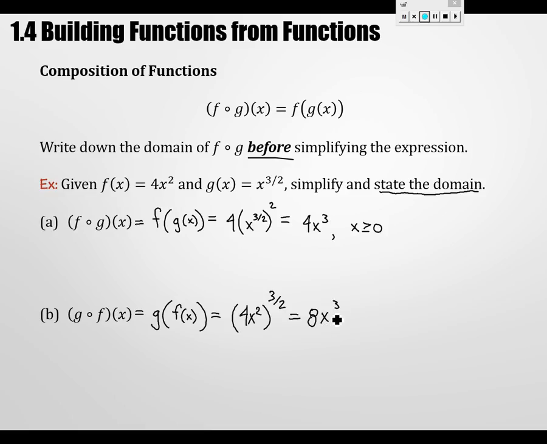Feels right maybe. What's the domain there? Let's have the same discussion. Think about this expression right here. What restrictions would you have to place on x, if you have to place any? What do you think?